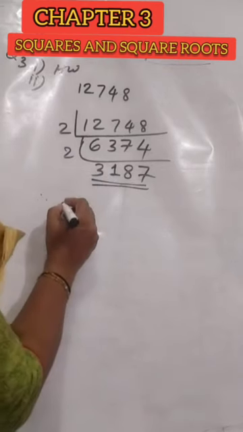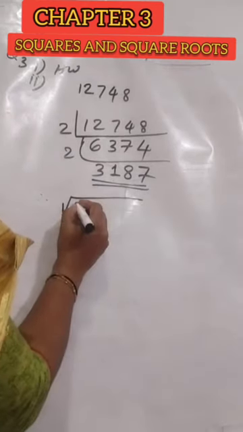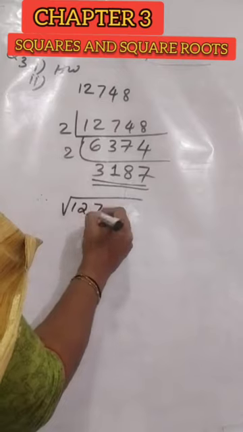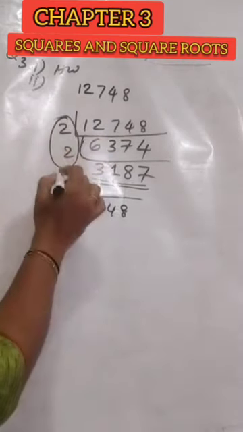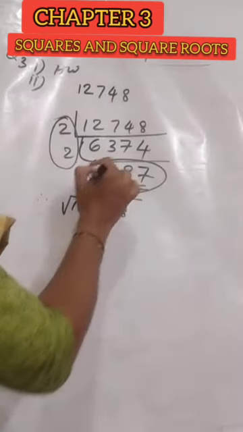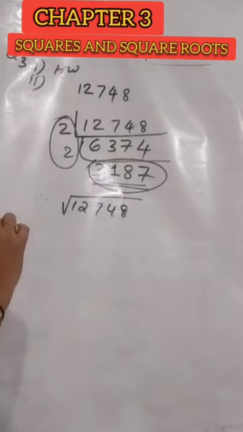Therefore, you can write that the square root of 12,748 is not a perfect square number since there is no pair for this number 3187.